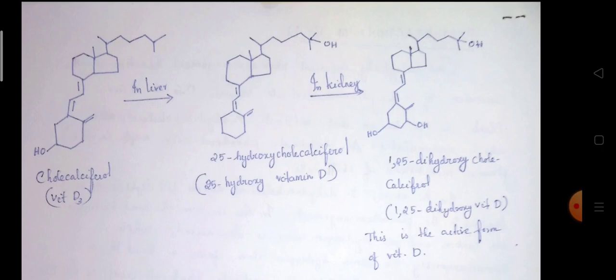And in kidney, this 25 hydroxy cholecalciferol is converted to 1,25 dihydroxy cholecalciferol, which is the active form of vitamin D which is utilized by our body. And this is all about the photo reaction of vitamin D, and thank you.